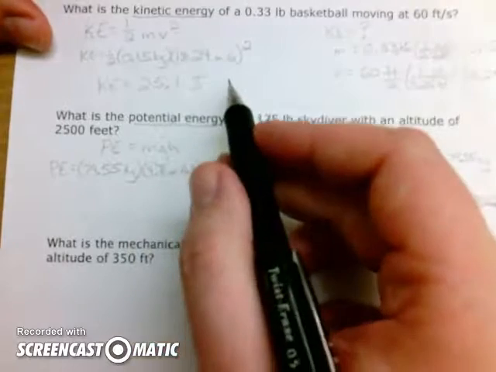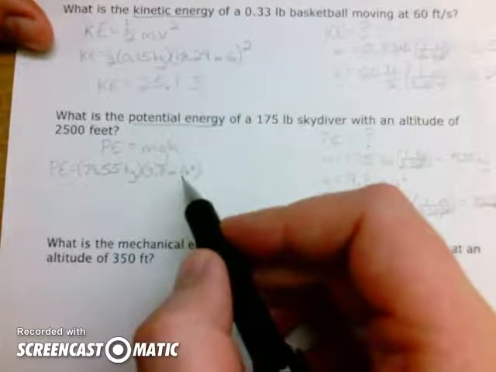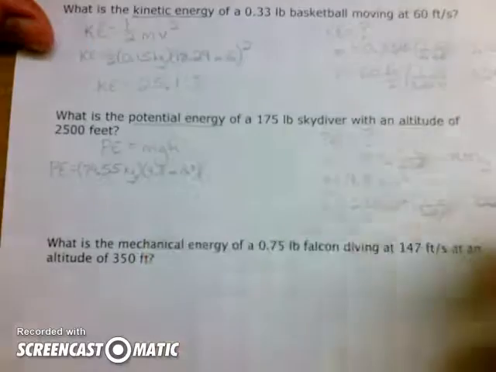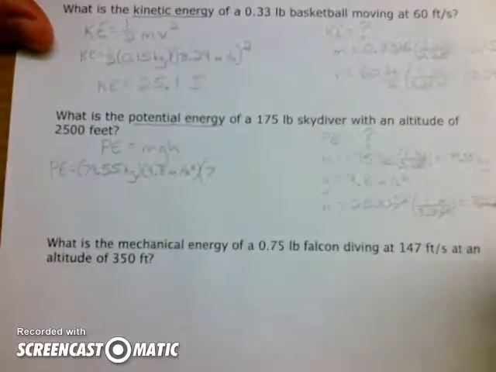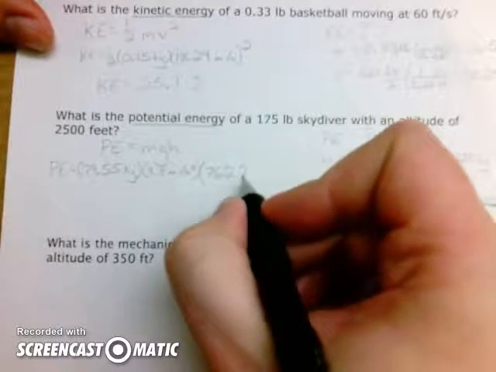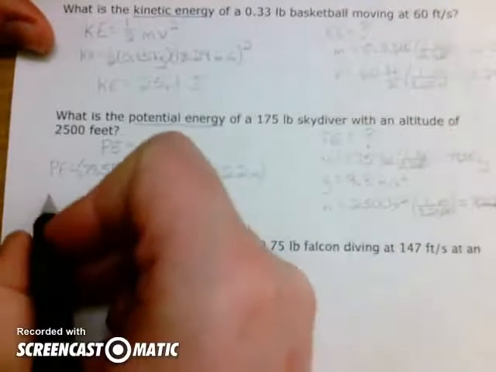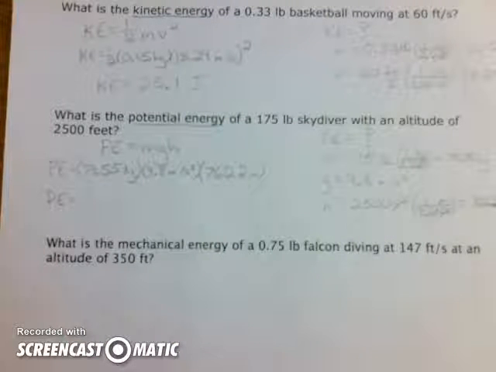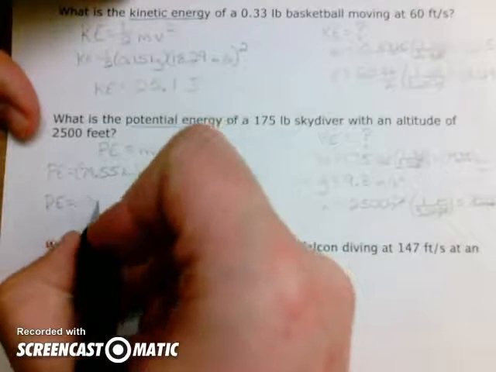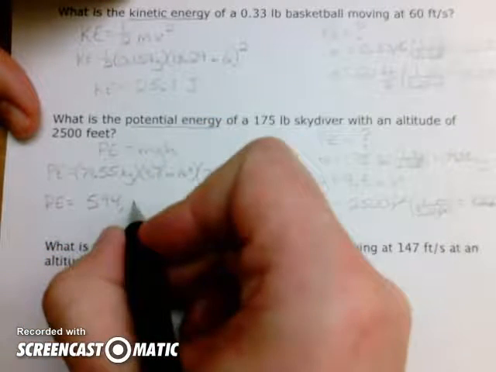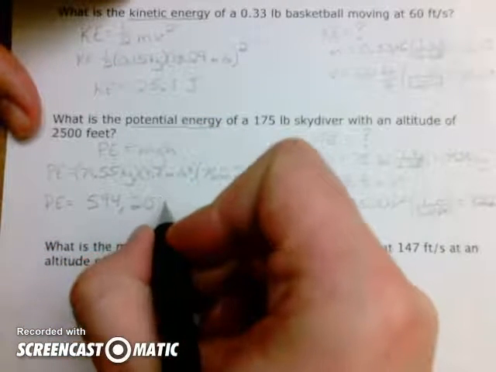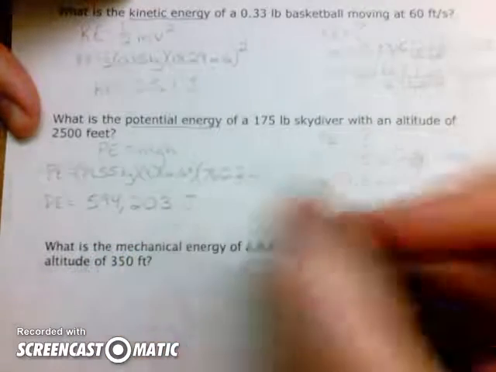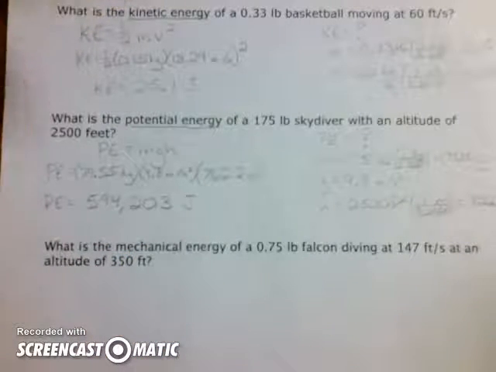Times my height, 762.2 meters. So PE equals, just multiply those two numbers together. Oh, big number: 594,203 joules.